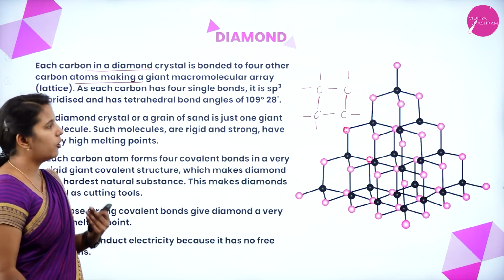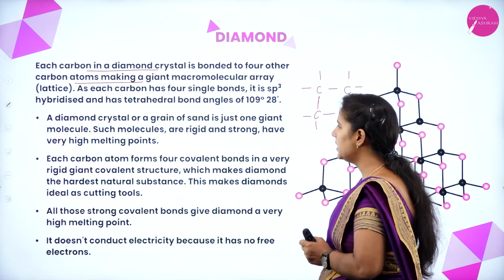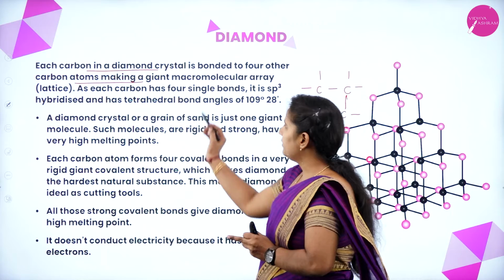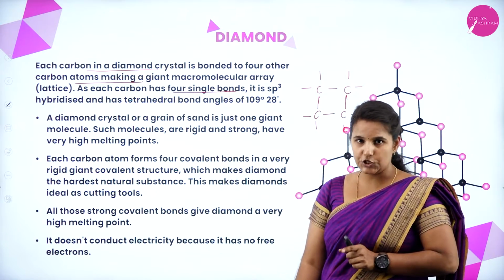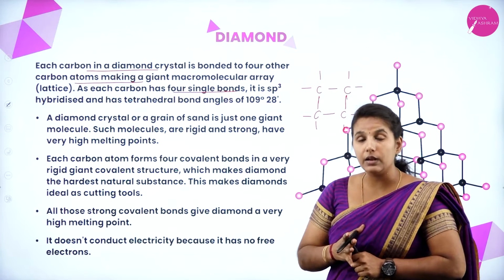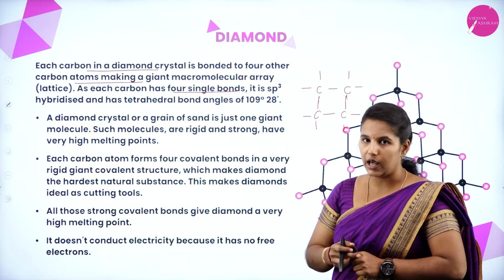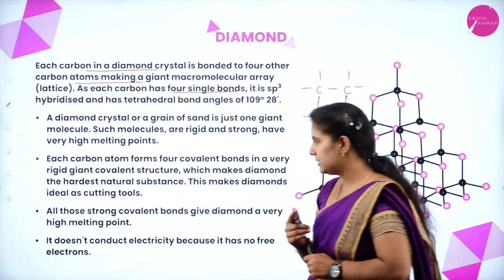Each carbon atom is bonded with 4 other carbon atoms and makes this crystalline structure. Each carbon atom has 4 valency, thereby it shows the sp3 hybridized nature of carbon. Ma'am, how do you say it is sp3 hybridized?